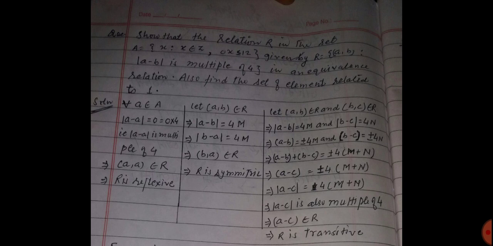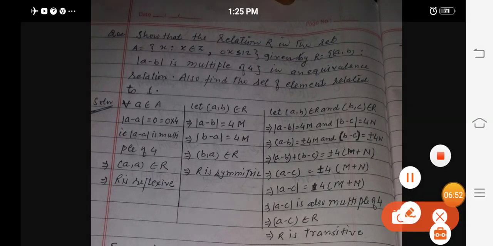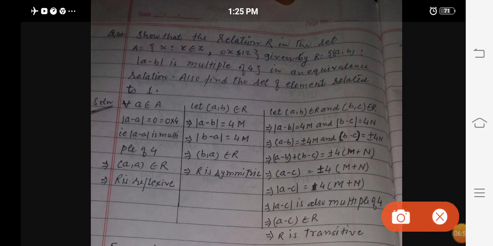Come to the next question, in which the relation R in the set A consists of the elements x, where x is an integer greater than or equal to 0 and less than or equal to 12, and R is given by the set of ordered pairs (a, b) such that mod of a minus b is a multiple of 4.